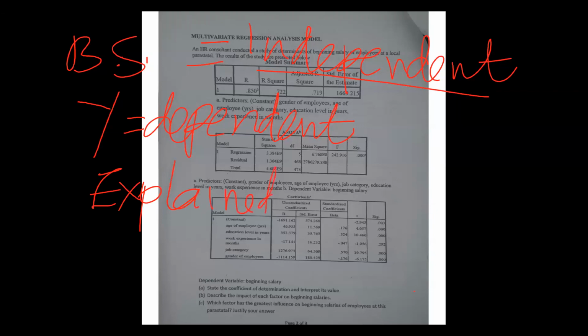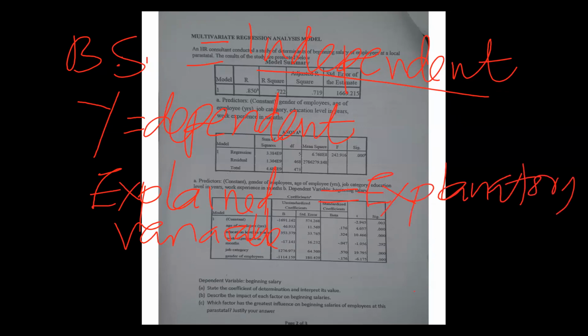Explained variables refers to the dependent variable or the y variable, the variable you are investigating, that is being determined by some factor. The variables that explain that variable are called explanatory variables.